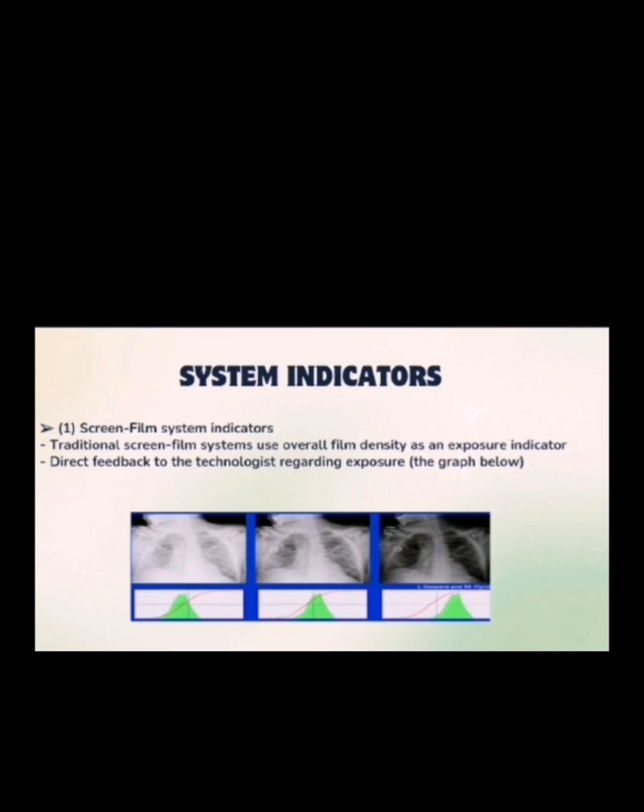And in that slope are three regions. At the lower end is the toe region, the center is the linear region, and the top is the shoulder region. The toe region is called the brightest region because not many x-rays reach our screen film there.